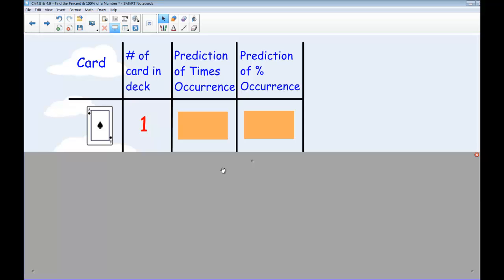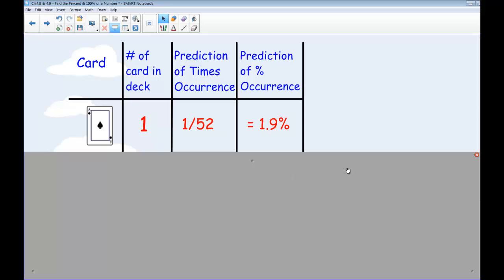Since there's only 1 of them in a deck of 52, your chance of getting it would be 1 out of 52. To change 1 out of 52 into a percentage, all we have to do is go 1 divided by 52, then multiply by 100. So we would get 1.9%.